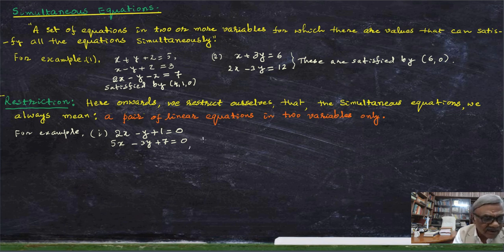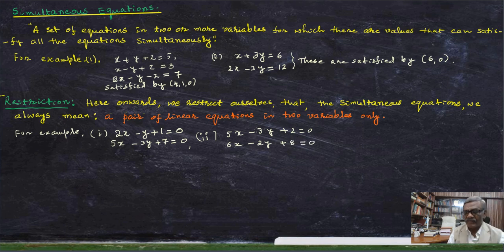And for the second one, we can consider 5x minus 3y plus 2 equal to 0, and 6x minus 2y plus 8 equal to 0.